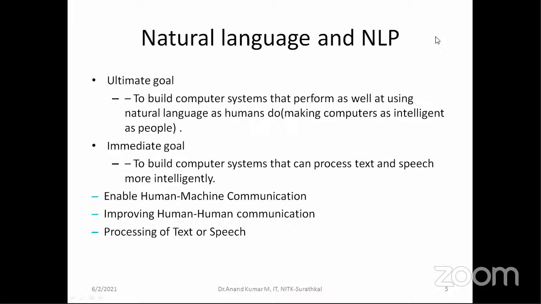If you are sending messages related to ISIS, I'm giving an example, not only the message but you are also monitored, because you used terms related to terrorism. Your account and your activity can be monitored automatically. That's the one thing I want to say here. That is also software, NLP software.